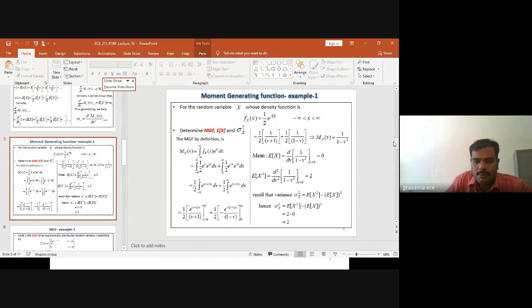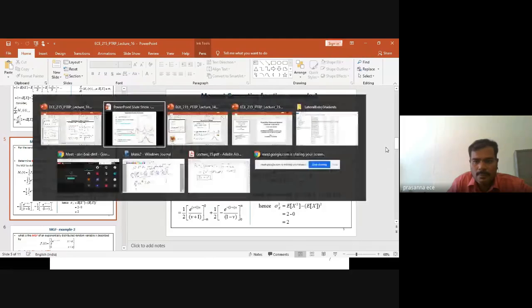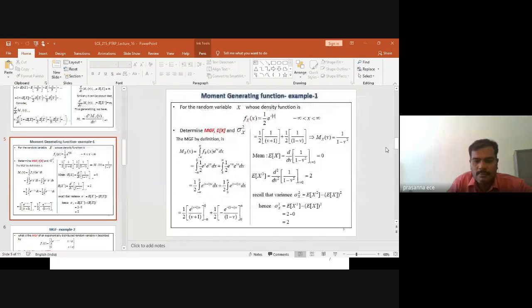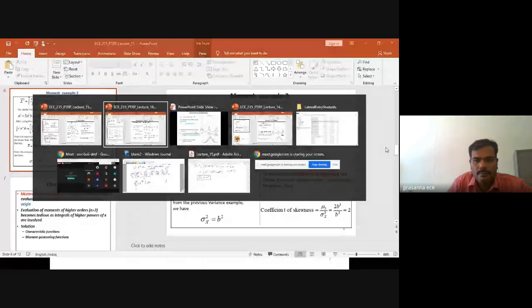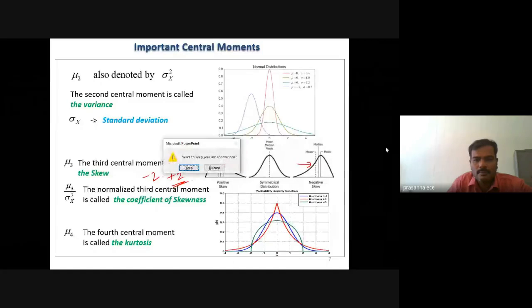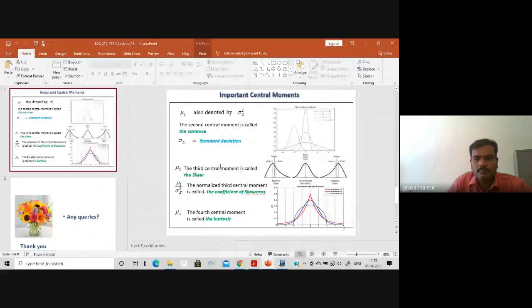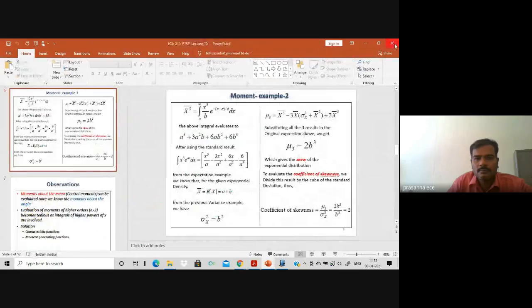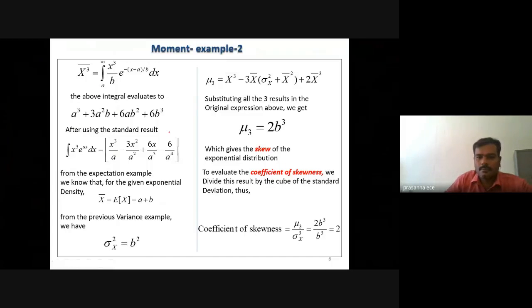So now, I think we are in lecture 15. We evaluated mu3 equal to 2 b cubed, and our coefficient of skewness was equal to 2.